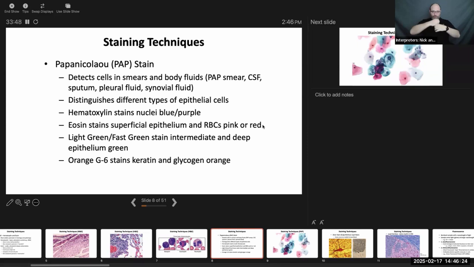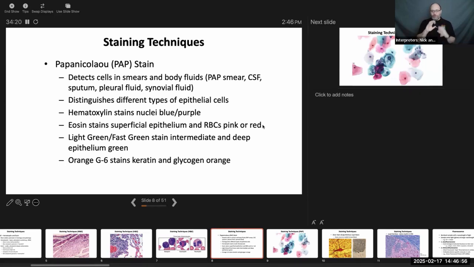But you can also stain cerebrospinal fluid. This is one way of detecting something like meningitis. You would be looking for the presence of white blood cells in the cerebrospinal fluid, which there shouldn't be. Sputum, so you cough up something from your lung, they can look at that, look for the presence of cells in mucus. Pleural fluid, if you have fluid in your pleural cavity, they can aspirate some of that pleural fluid and look at it to see if there's immune cells in there.